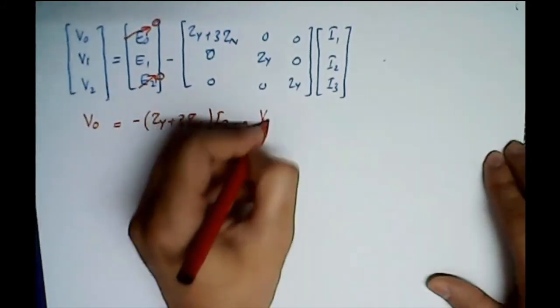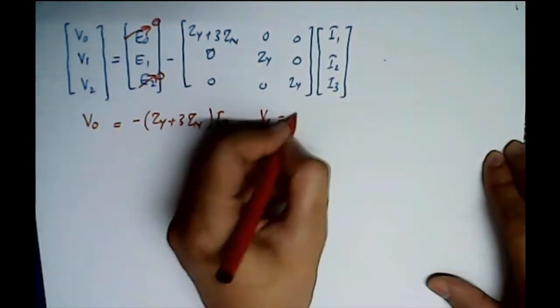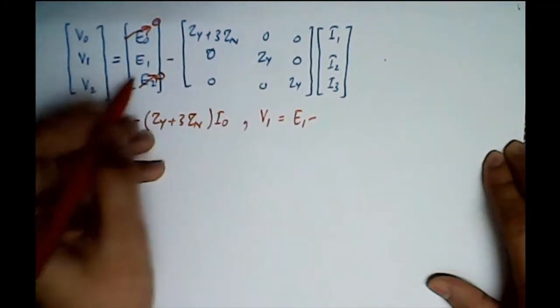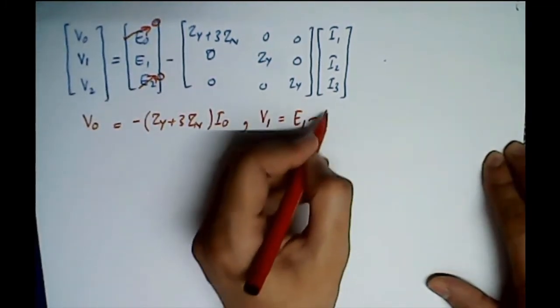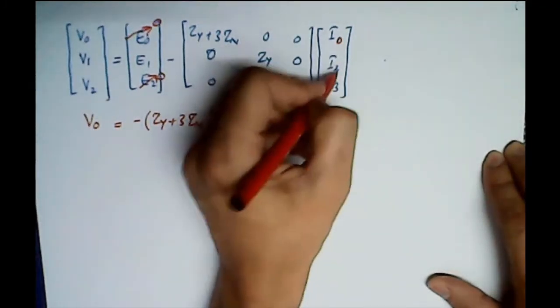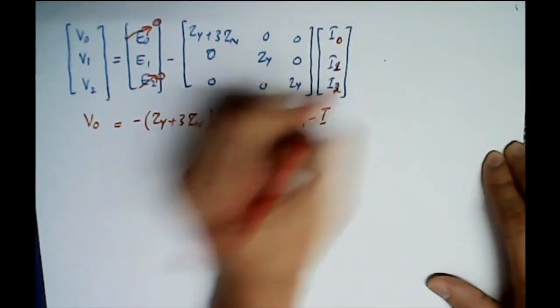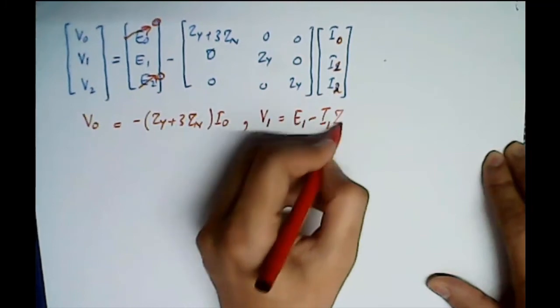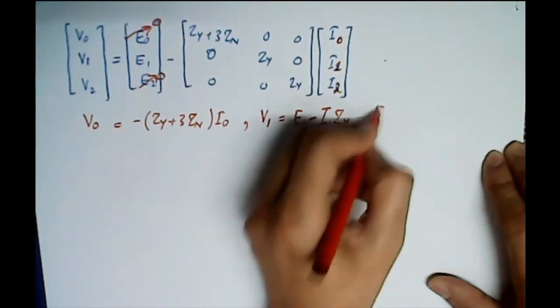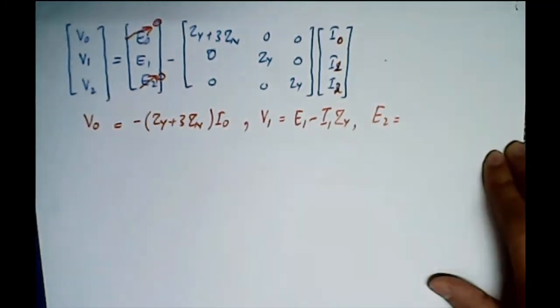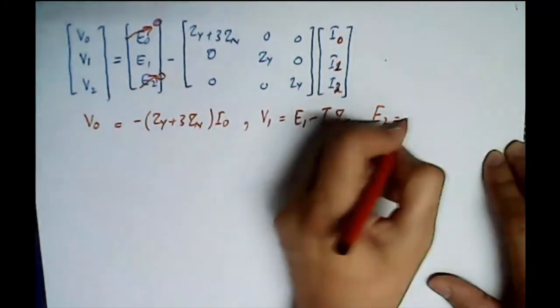V1 equals E1 minus I1 times Zy, and V2 equals minus I2 times Zy.